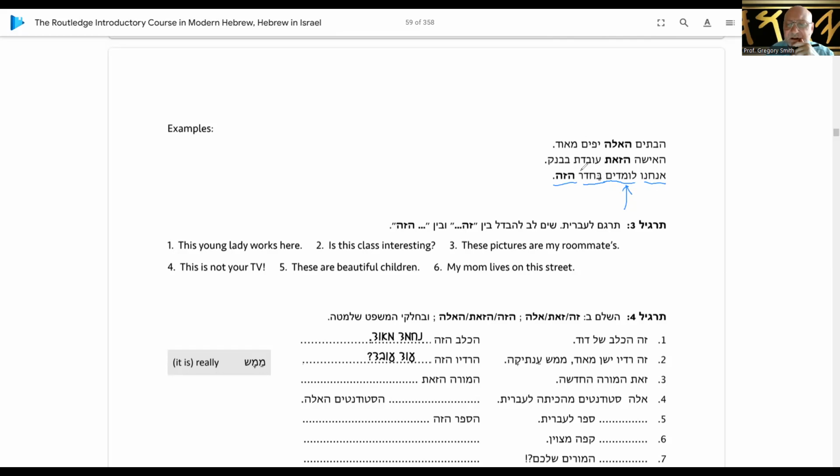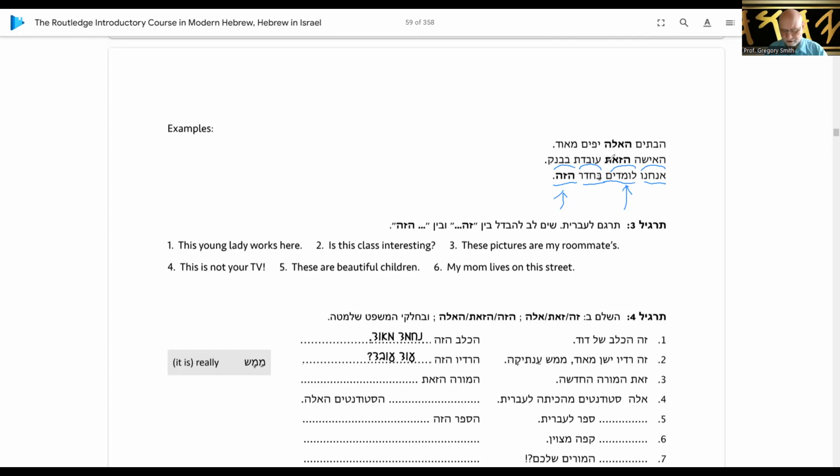Let's see. No, it's Bahader Hazeh. Yeah, that's right. In this room, Bahader Hazeh. Notice that Bahader. Okay, so Anachnu Lomdim, we are studying Bahader Hazeh, in this room, essentially.